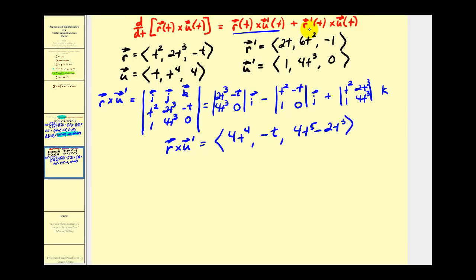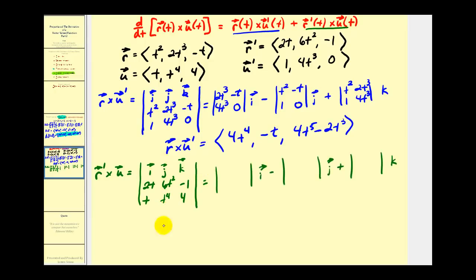Now let's go ahead and find r prime crossed with u. First row will be from r prime, so we'll have 2t, 6t squared, negative 1, and then u will give us t, t to the fourth, and 4.